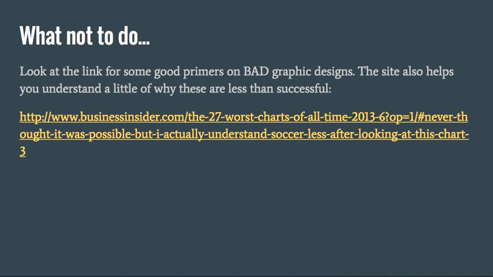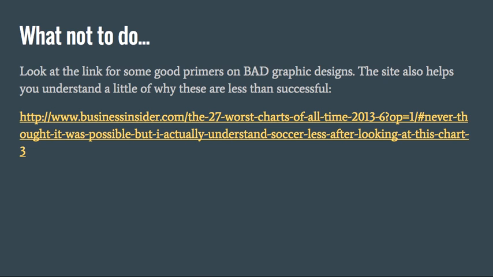This I've inserted for a look at what not to do. This is just a fun little list that I found of the worst charts of all time. A bunch of different kinds of data visualizations that are just done poorly. They're either designed poorly, or they're based on inaccurate information, or they're not easy to read. They're just too complex and people can't read them.